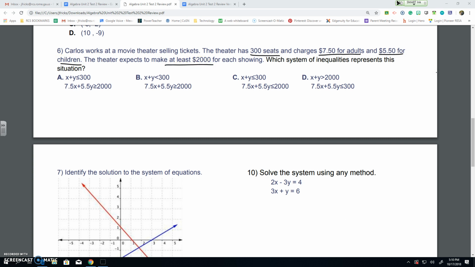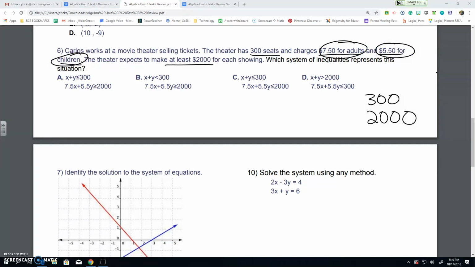So which system would represent the situation? So setting this up is a piece of cake, all you have to do here is pay attention to your totals. My first total is 300. My other total is $2,000. Now, money, the way I relate money here is I say $2,000. Well, I have to have money to relate it to money, so that's going to probably go back to this $7.50 for adults and $5.50 for children, right?